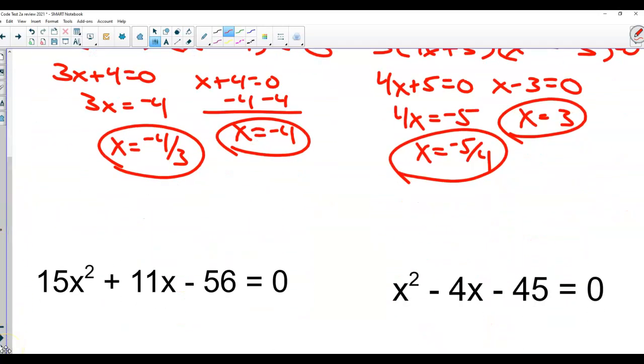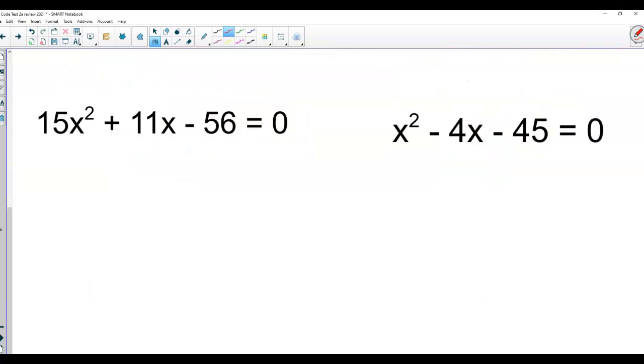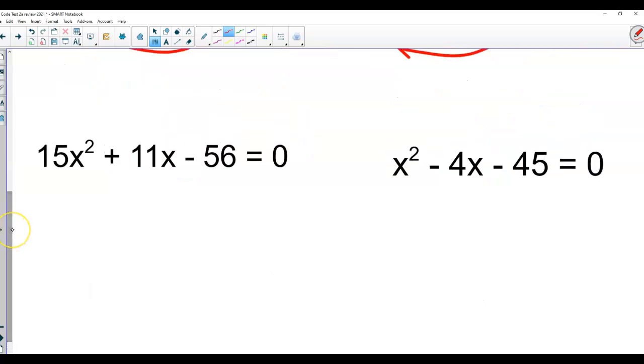For the bottom two, there is no GCF, and I would argue the one on the right is much easier than the one on the left. So I'll start with the one on the left. I'm a fan of choosing middle terms first. So for 15, I'm going to use 5x and 3x.